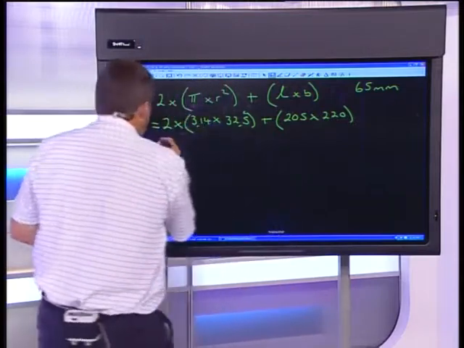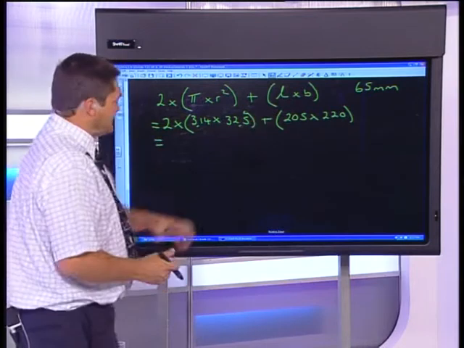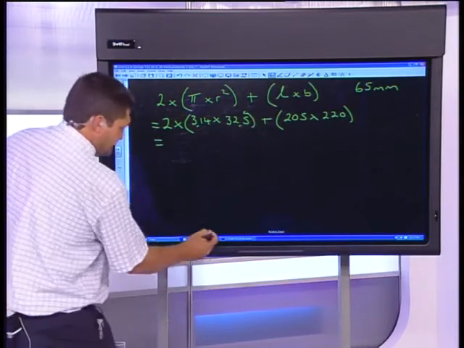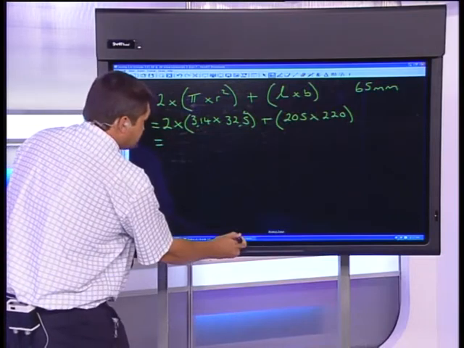All right, so now we're going to take out our huge calculator and we're going to try and figure all this out. I'm going to have to go backwards and forwards because I'm not going to be able to remember all this. So here we go.